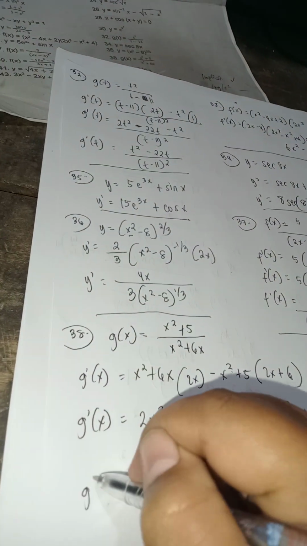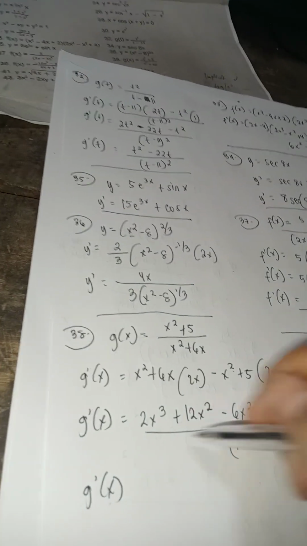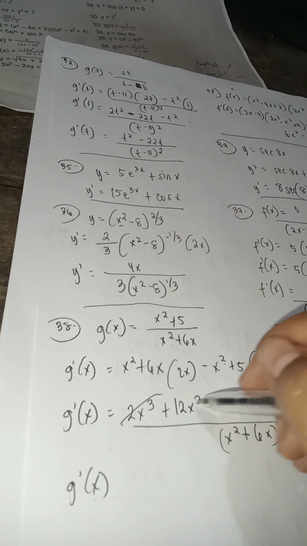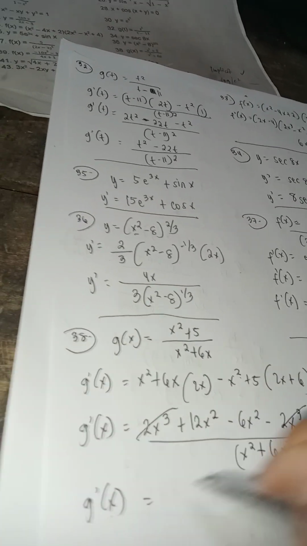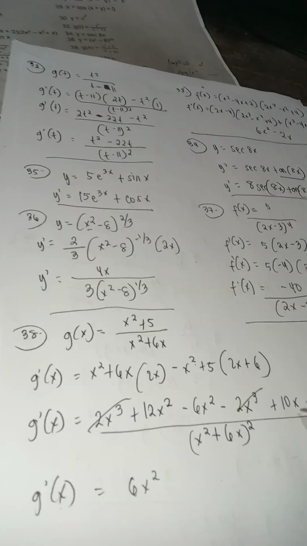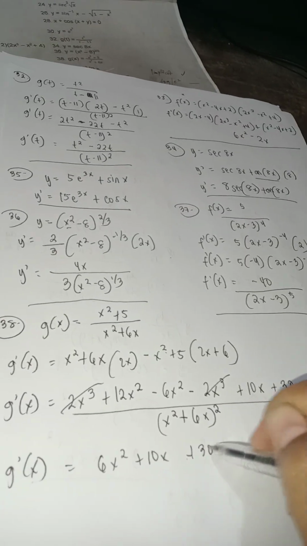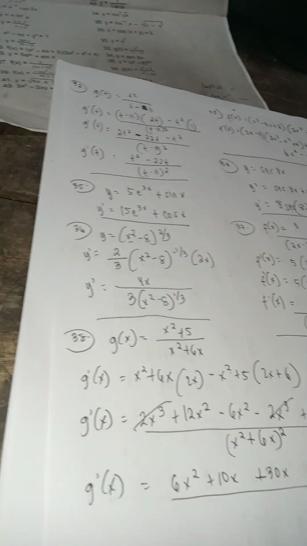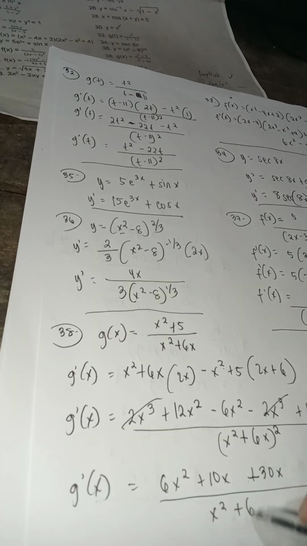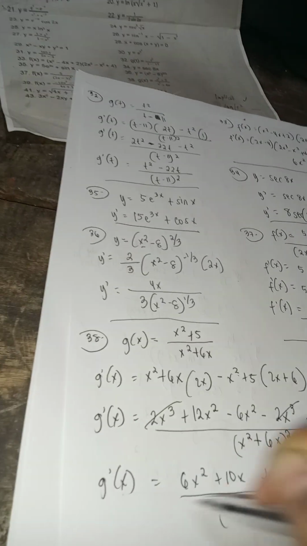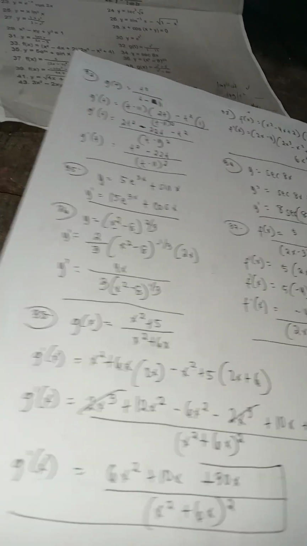Okay, so combine. We're going to cancel this out. So 12x squared minus 6x squared is equal to 6x squared. Copy plus 10x plus 30x over x squared plus 6x squared. So this is our final answer.